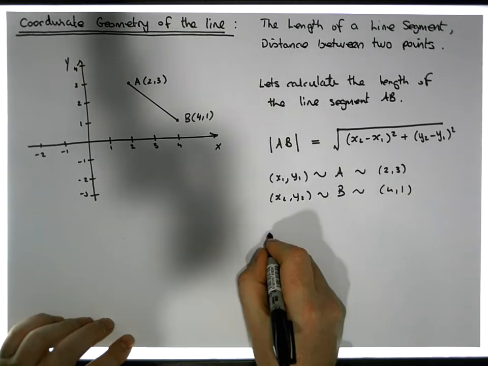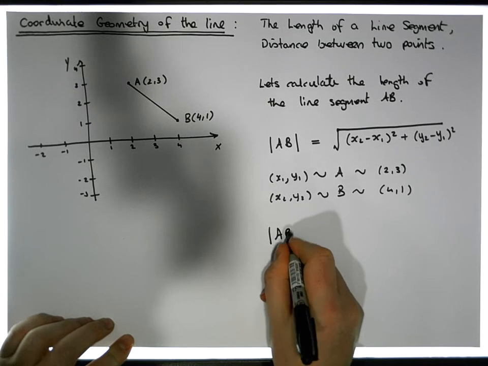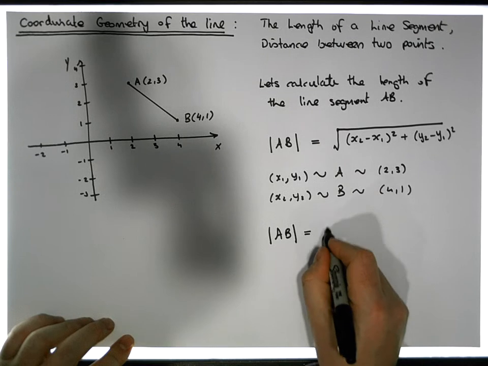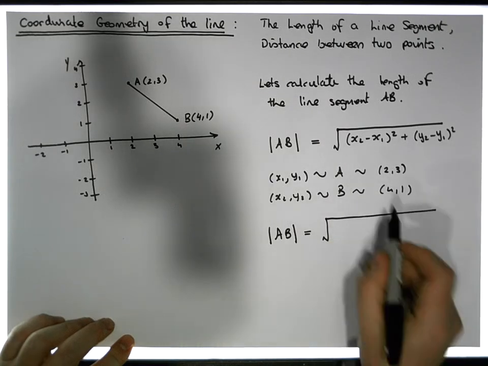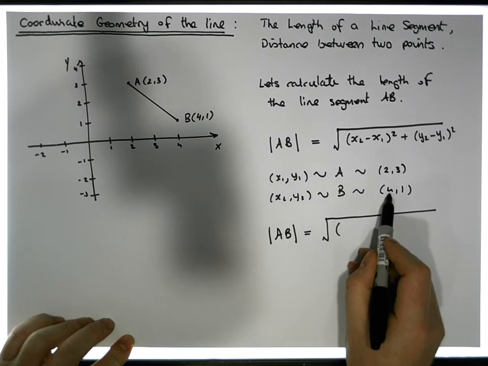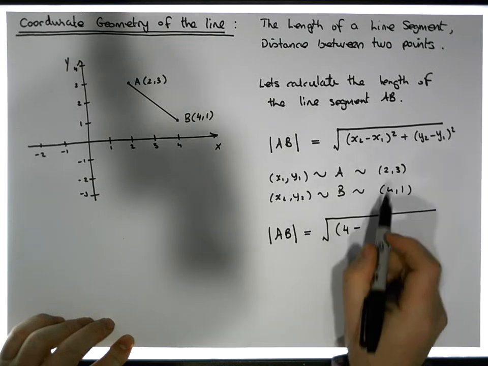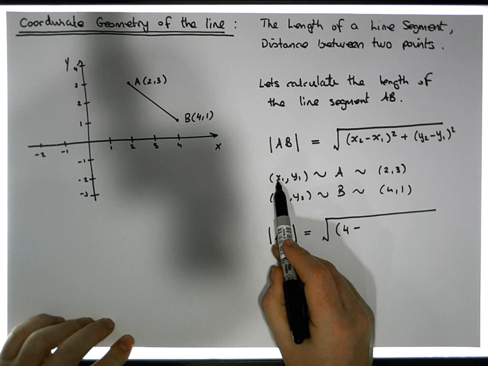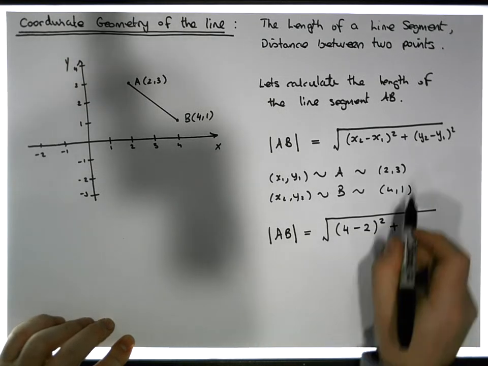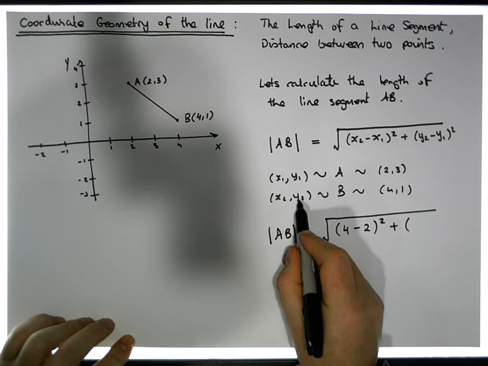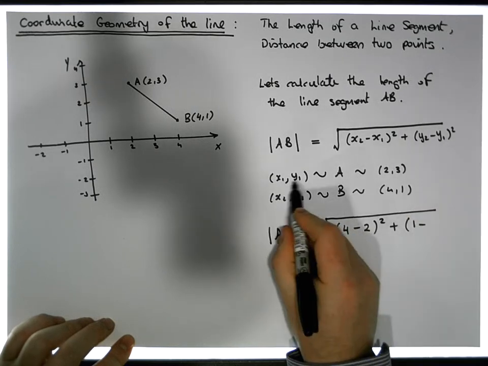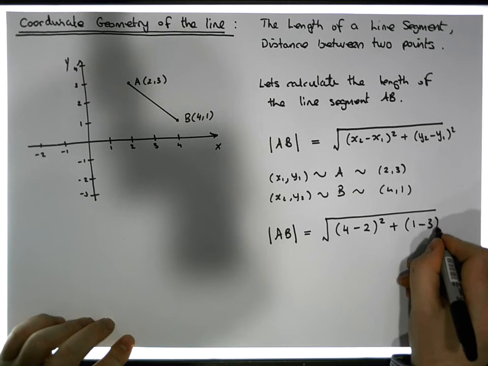So the length of the line segment AB is equal to the square root of x2, which is 4, minus x1, which is 2, squared, plus y2, which is 1, minus y1, which is 3, squared.